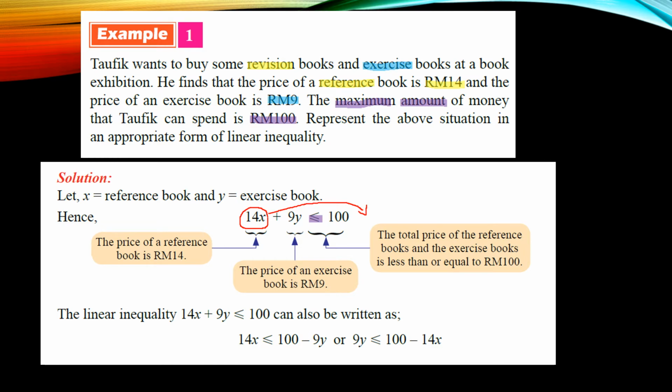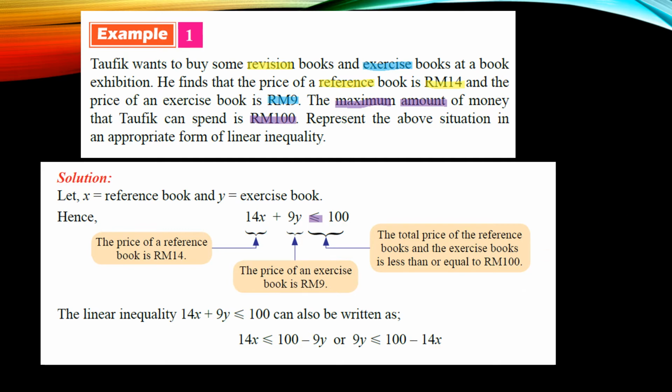That is written here. So the answer, either you can write 14x plus 9y less than or equal to 100, or 14x less than or equal to 100 minus 9y, or 9y less than or equal to 100 minus 14x.